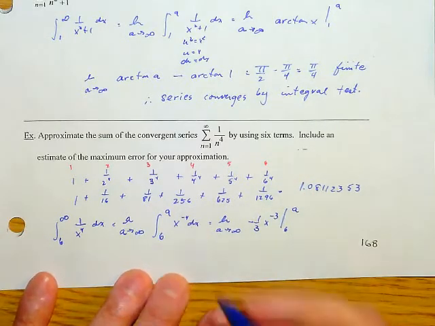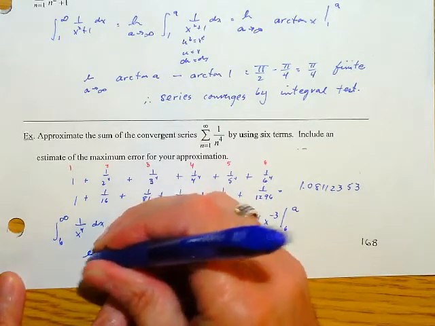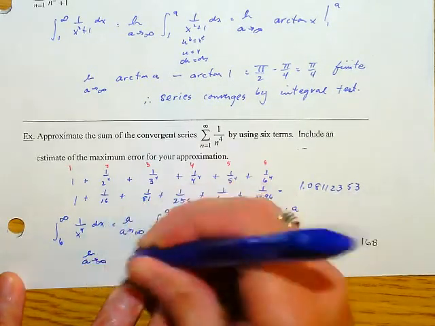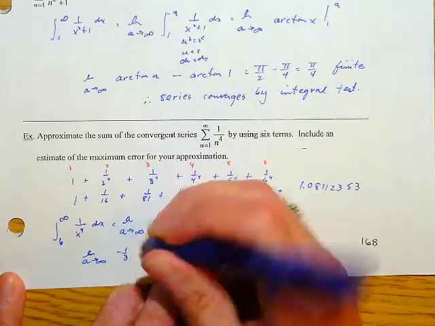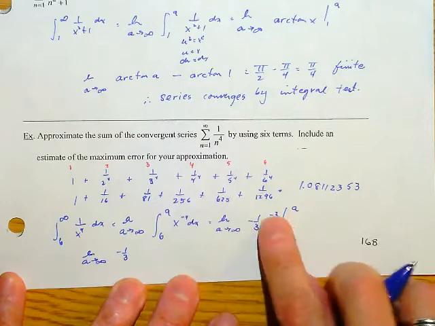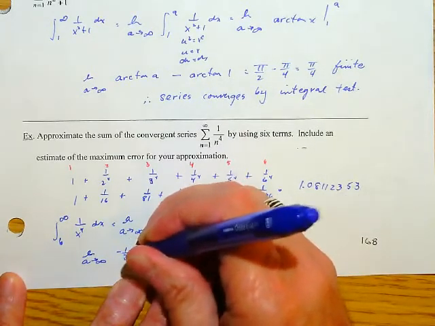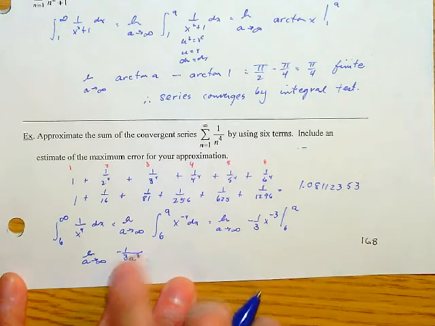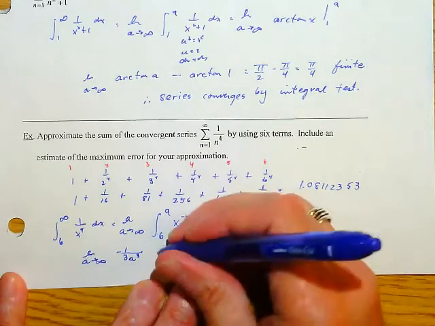Okay, so if I plug in my upper and lower limits, I get the limit as a approaches infinity of negative 1/3. And since that's a negative exponent, I think it'll be easy if we see this as a to the 3rd. Well, negative 1 over 3 times a to the 3rd, isn't that going to be pretty big? Yeah.